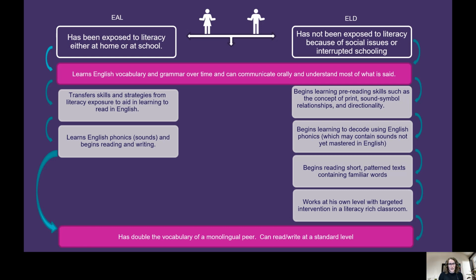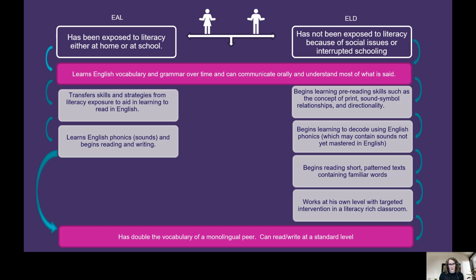Then they learn English phonics, which for some students is really easy depending on the language distance, and then they begin reading and writing. So this process takes sometimes a year, sometimes 3 years by the time they've kind of caught up, and about 3 to 5 for the academic language. But usually with EAL students, we see this happening pretty quickly.